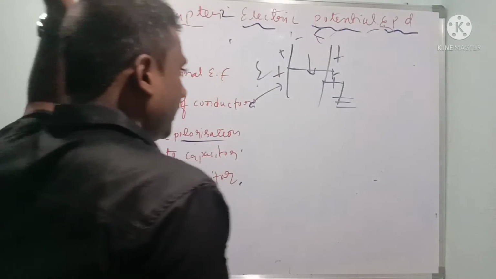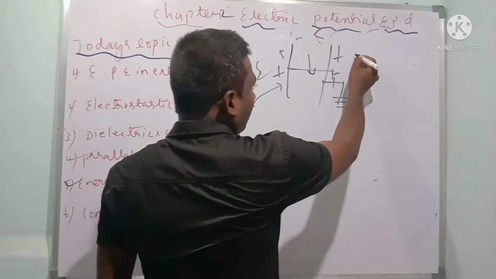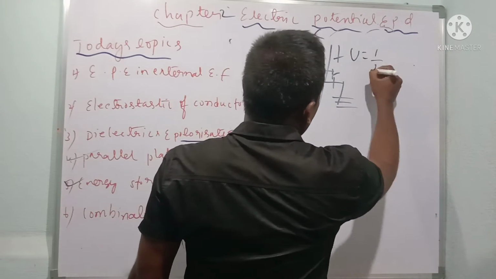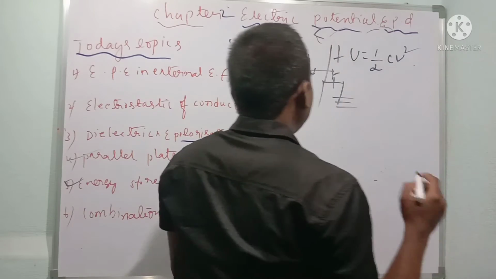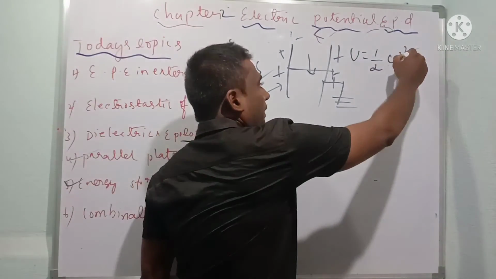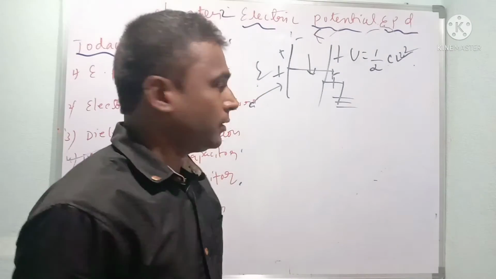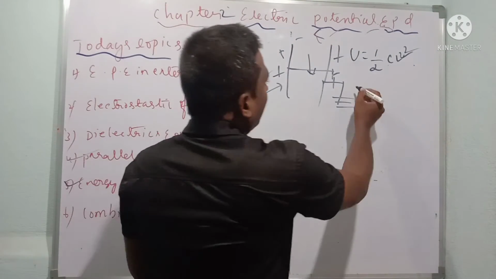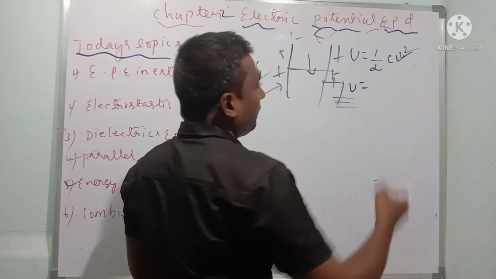Very important, children, for CET. It is directly given by the expression U is equal to half CV square. Here C means the capacitance of the capacitor, and V means potential difference, or you can call it voltage. Now U will take different forms.